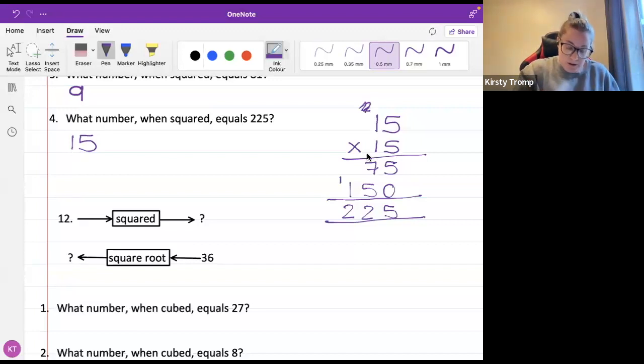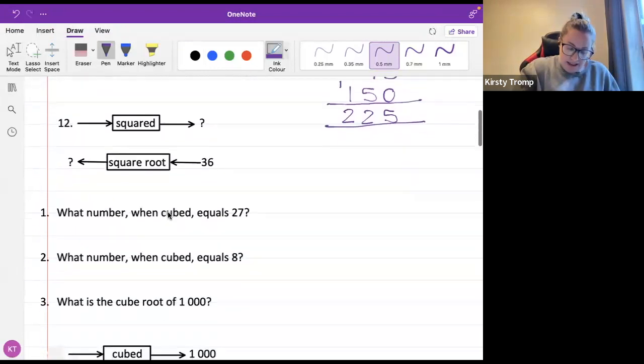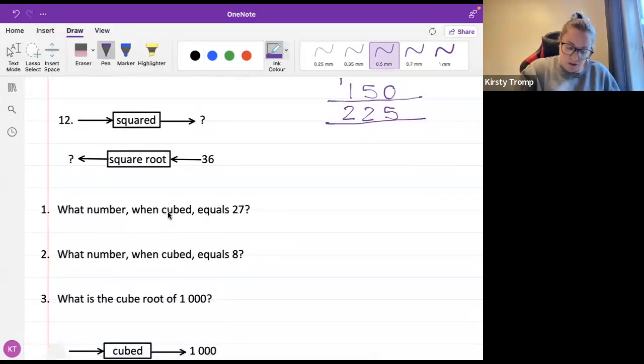Okay. Let's have a look at if we had to do it in this spider diagram sort of way. So when I take the number 12 and I square it, 12 squared. Who can tell me? Oh, Samke is so quick today. So 12 squared, what does 12 squared mean? It means 12 times 12.